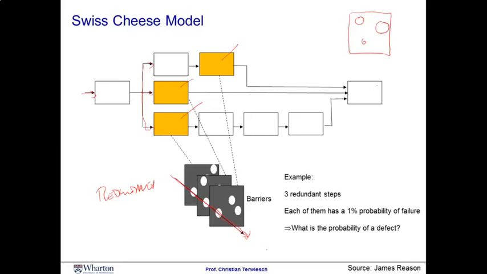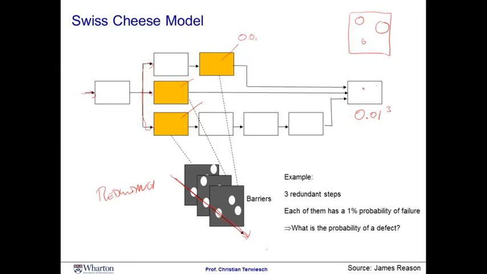What's the probability if each of them makes a defect with a 1% likelihood? Well, the likelihood of us making a defect at the very end is simply 0.01 raised to the power of 3. If every one of them catches the defect, the redundancy kicks in and the defect is detected.